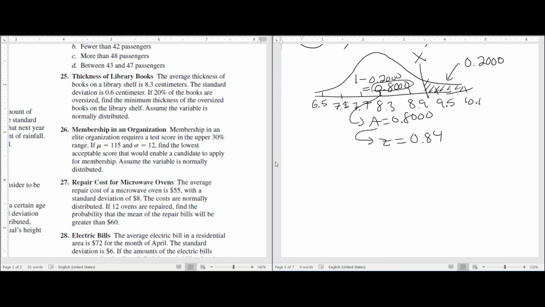In order to find the x, we're going to use this formula: mu plus z sigma. We know the mu is 8.3, so we're going to do 8.3 plus the z-score we found, 0.84, times the sigma, which is 0.6. And that'll give us our x.